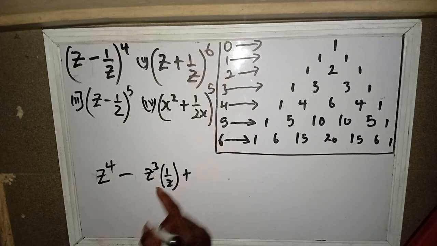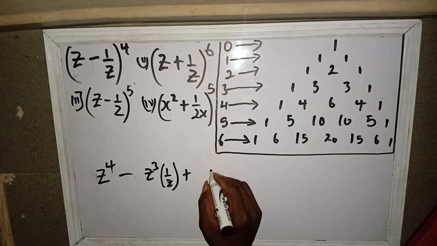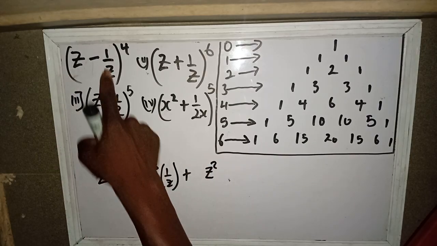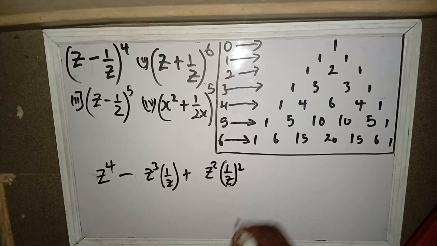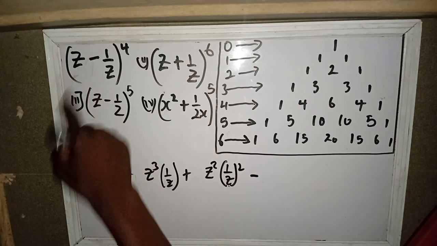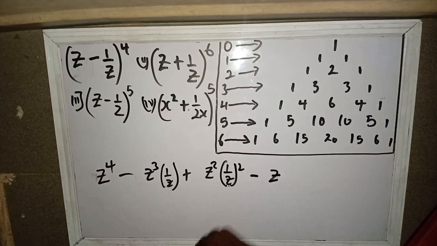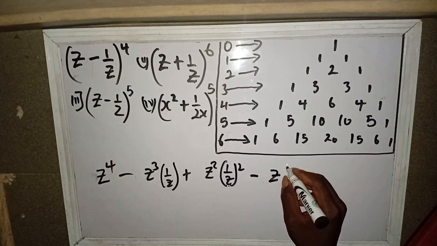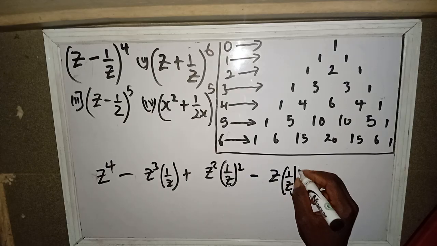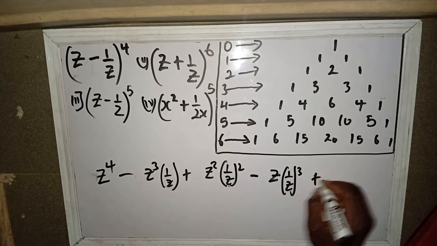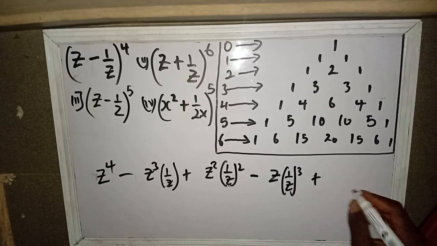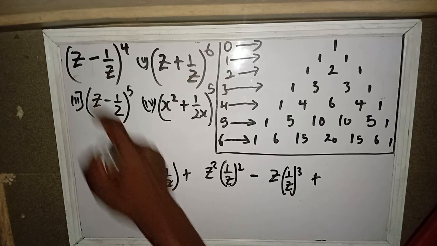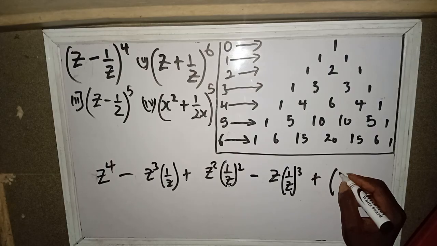The next one will be plus z square, then 1 over z square, minus z, then 1 over z cube, plus z to the power 0, which is 1, then 1 over z to the power 4.